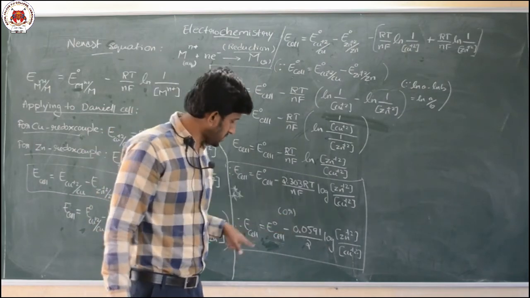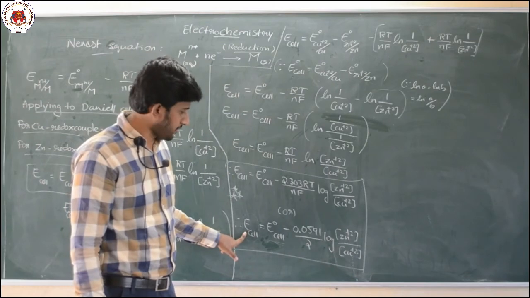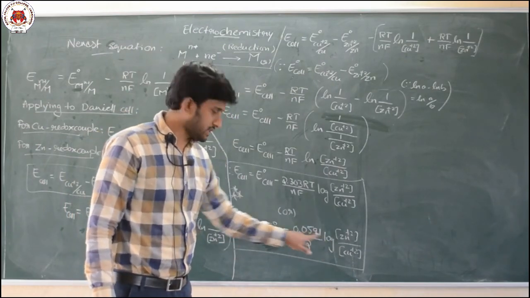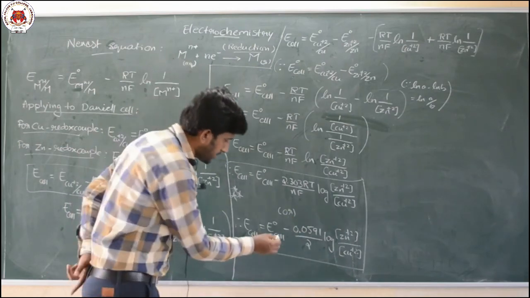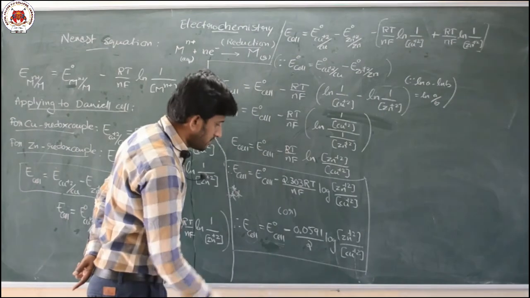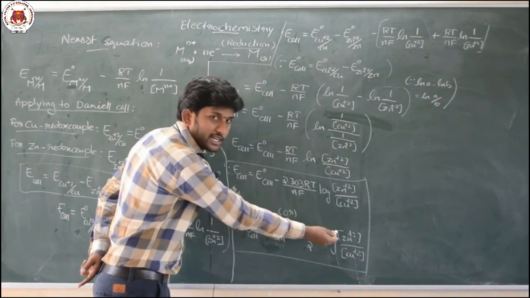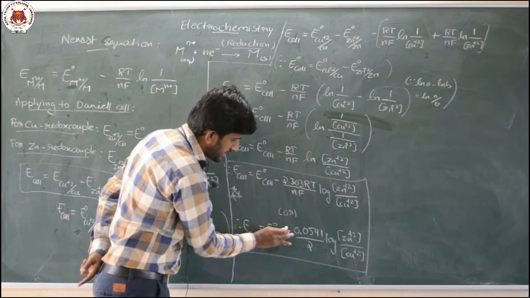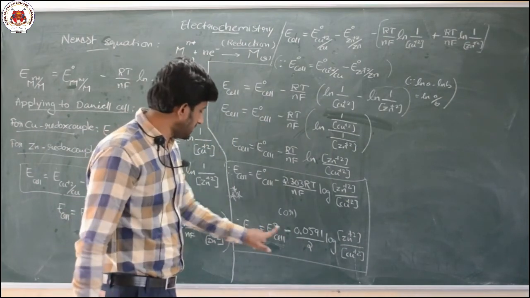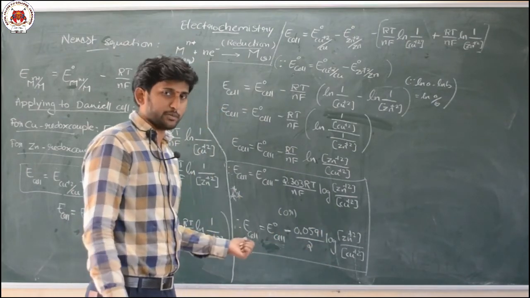Now how does the concentration of zinc relate to the EMF of the cell? It is inversely proportional, because here the negative sign is there. If it is plus, you can take directly proportional. But with the negative sign, the numerator is inversely proportional and the denominator is directly proportional.